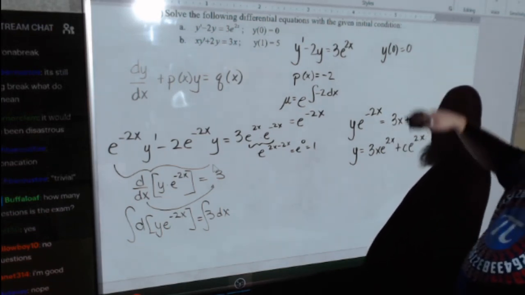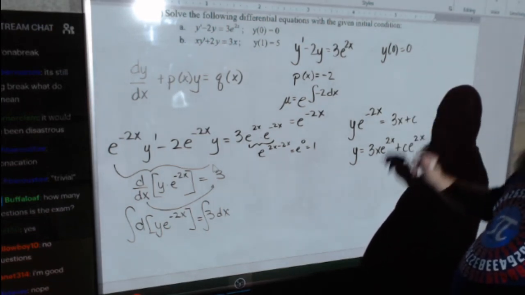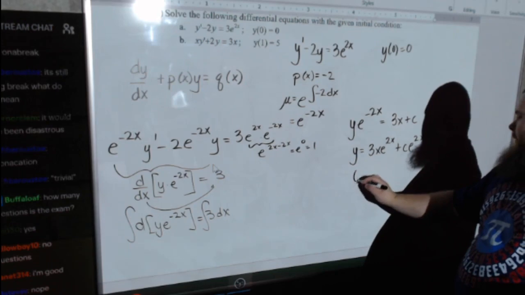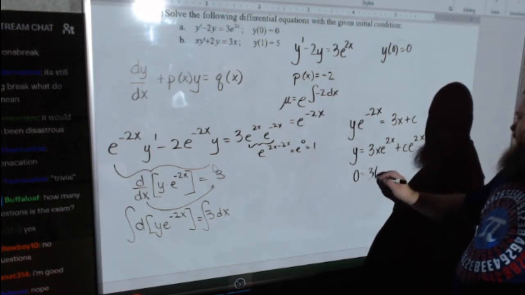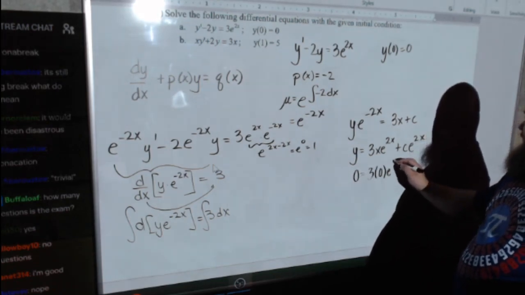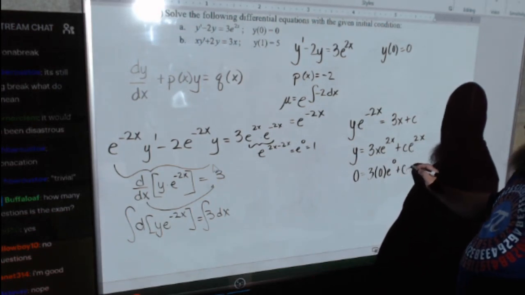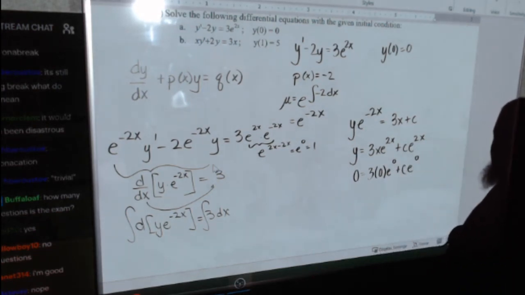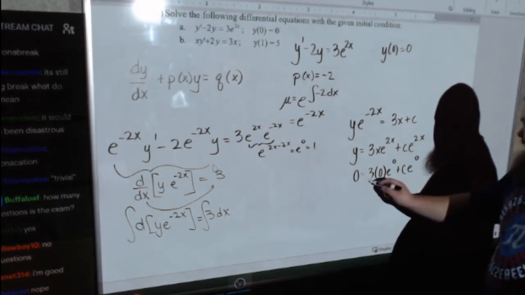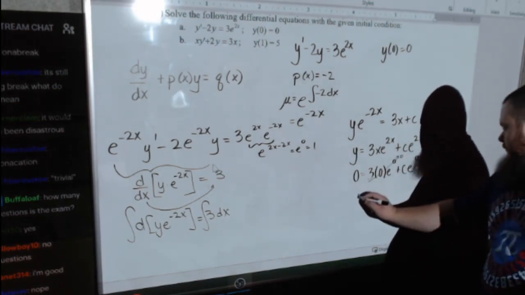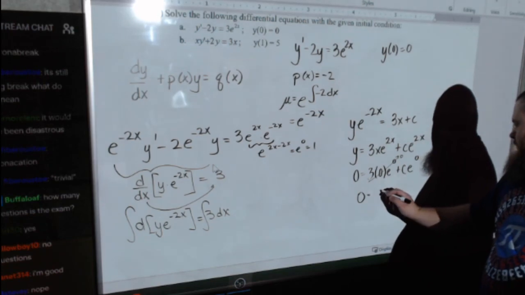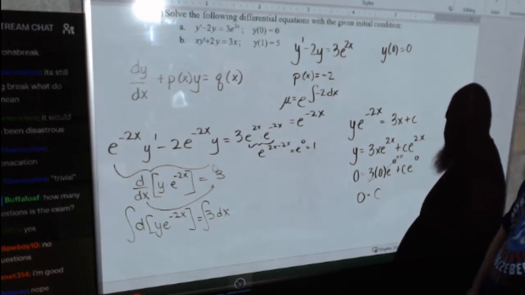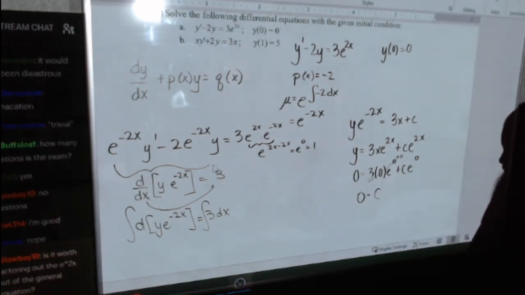Now I want to find c, so I plug in 0, 0 here. And guess what? We get c is 0.